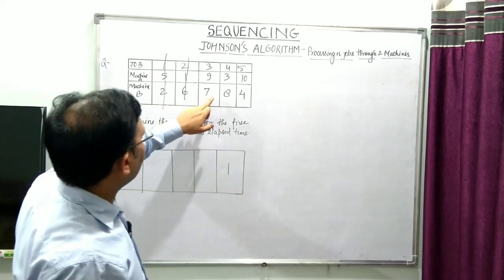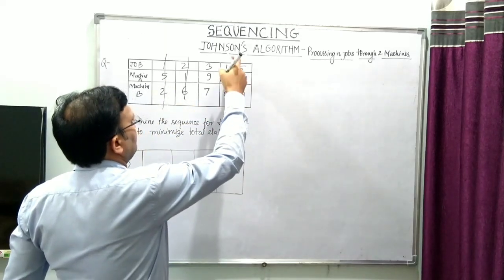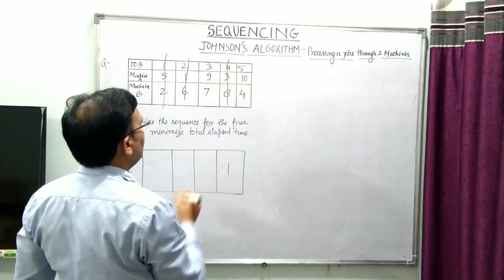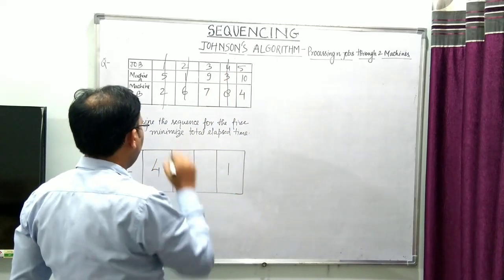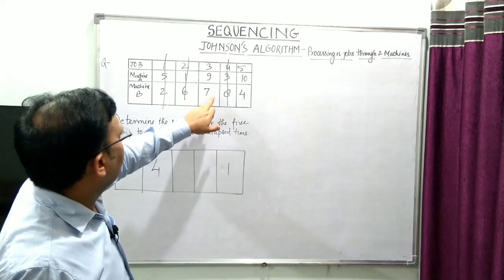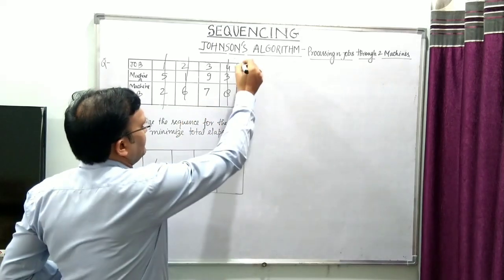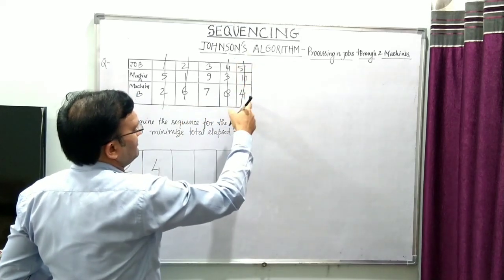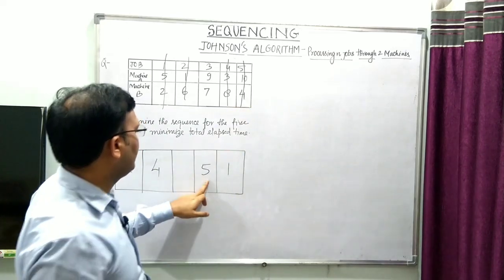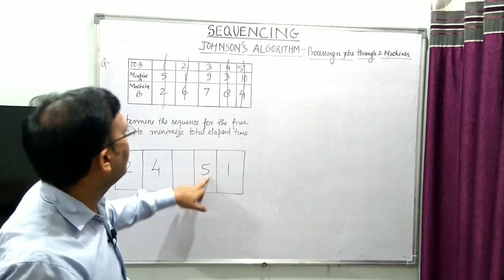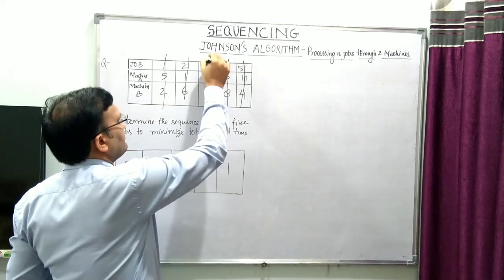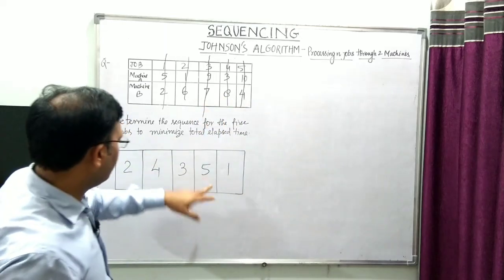Then further we are going to see that at machine A job 4 is the minimum, so 4 will be written over here because it is at machine A, right? Then further we see that for job 5 at machine B is the minimum time, so because it is at machine B, we shall be starting allocation from this side. Now one job is left, so we can allocate over here. So all the jobs are sequenced, right?